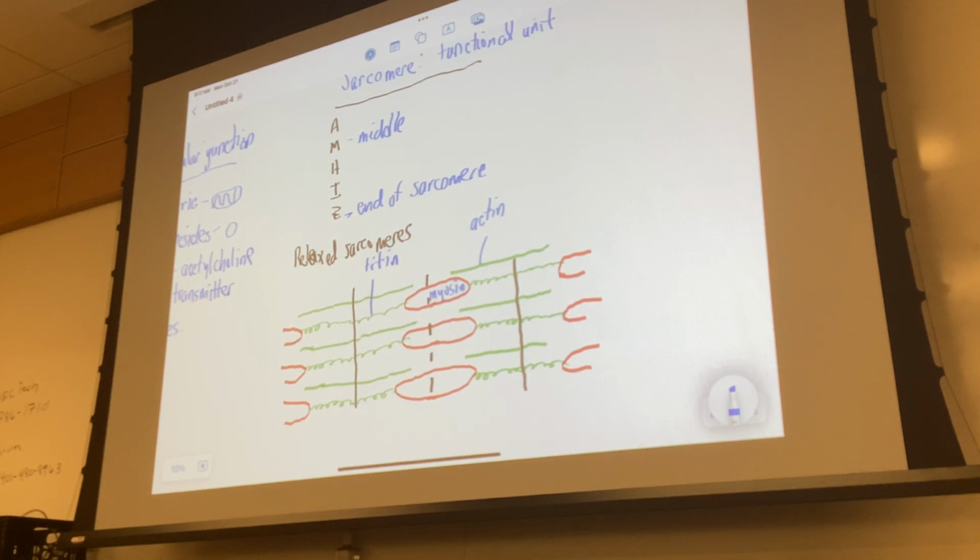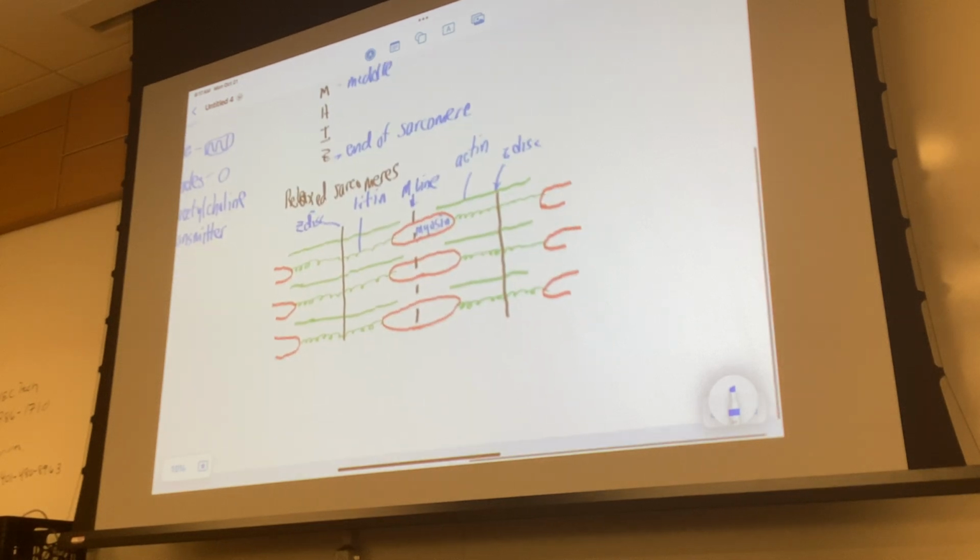So this is called a Z disc, and that is the Z disc. And that's the M line, the middle of the sarcomere.